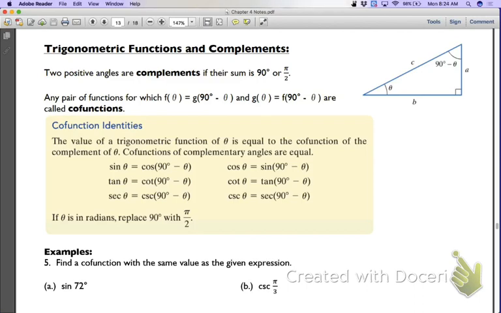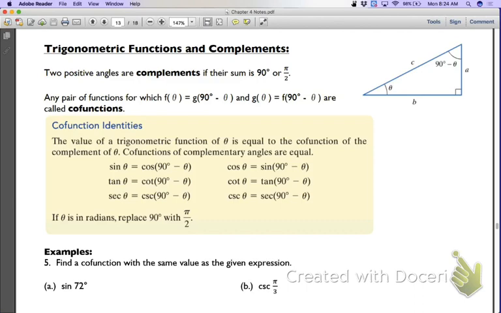So any pair of functions for which f of theta is equal to g of 90 minus theta, and g of theta is equal to f of 90 degrees minus theta, are cofunctions.